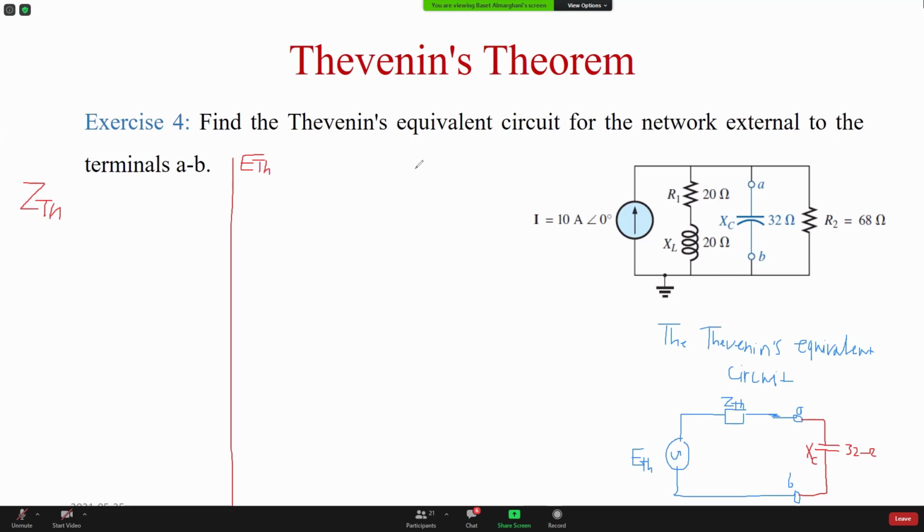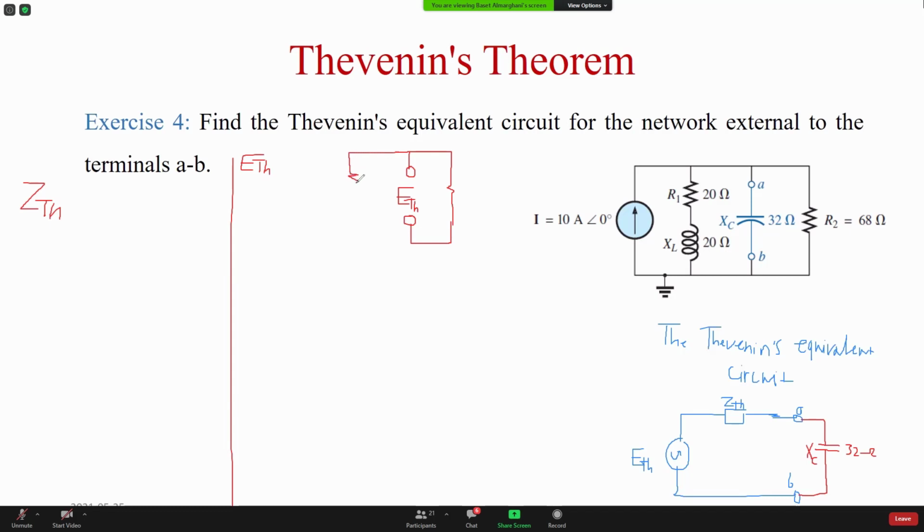So for E Thevenin, the circuit is the same, but we remove what is between the terminals. So I have this. Those are the terminals. Between them, I'm going to find the open circuit voltage. In a lab, you just bring a voltmeter and measure between these two points.